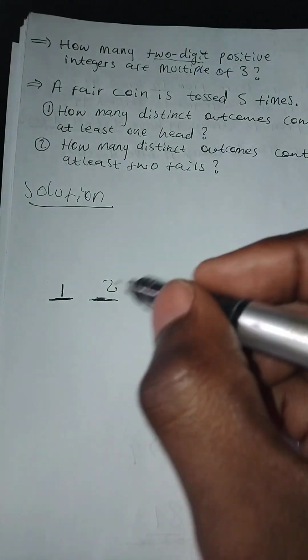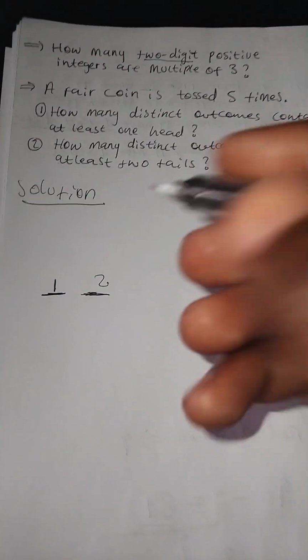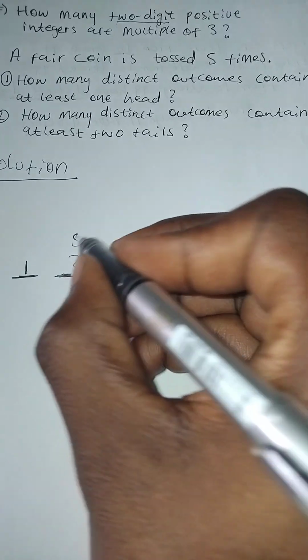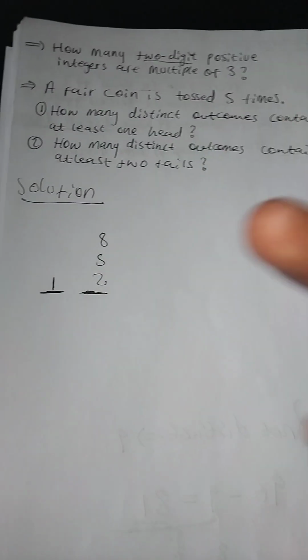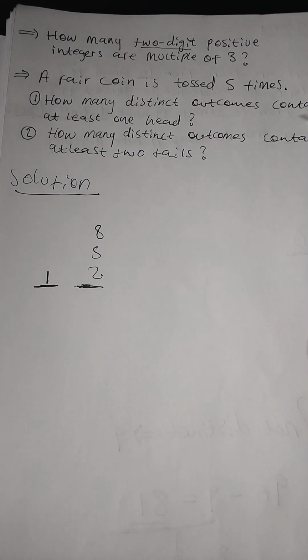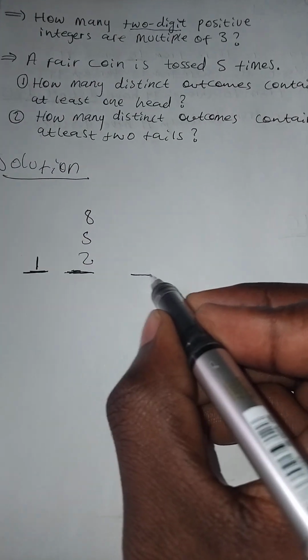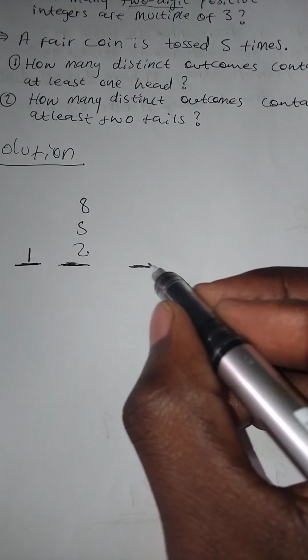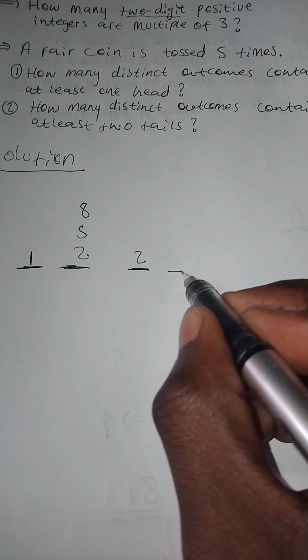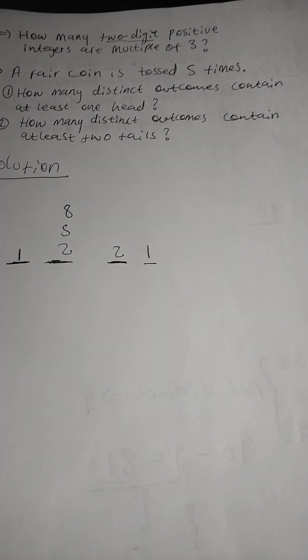Then from 12 if we keep counting, it goes to 15, then 18, then from 18 it goes to 21. Okay, so we are changing. Instead of starting with 1, it starts with 2, so we get 21.